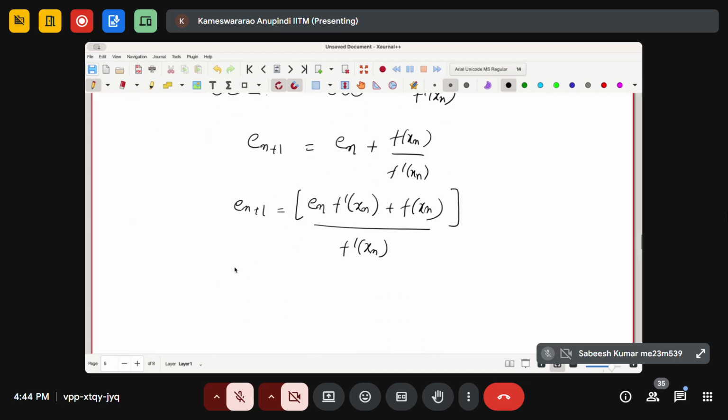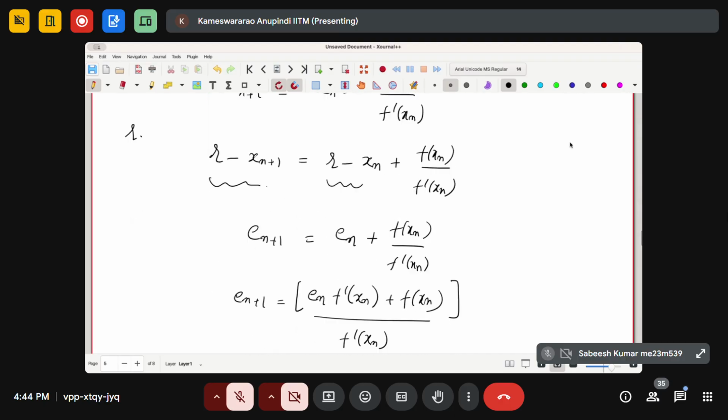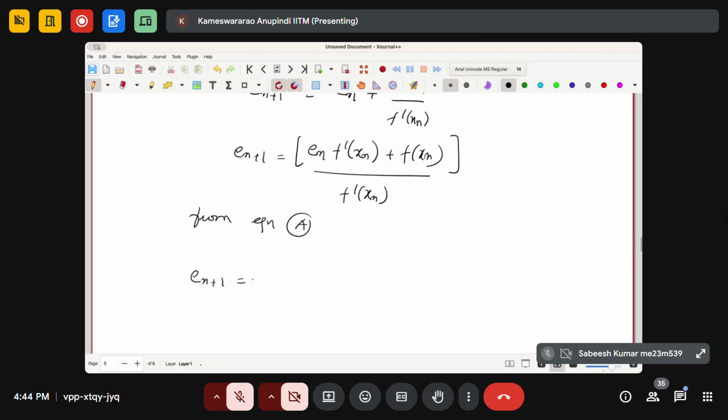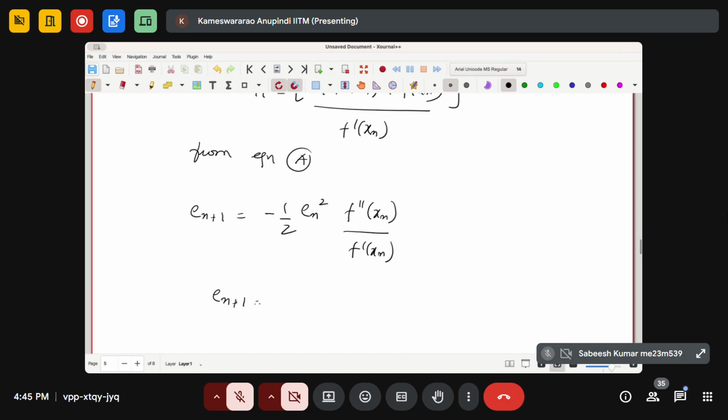Let's call this equation A. From equation A, I can write my en plus 1 as minus 1 by 2 en square f double prime xn as the numerator, divided by f prime xn as the denominator. That means en plus 1 equals minus 1 by 2 f double prime xn divided by f prime xn, all multiplied with en square.